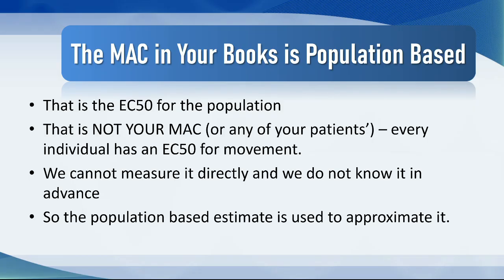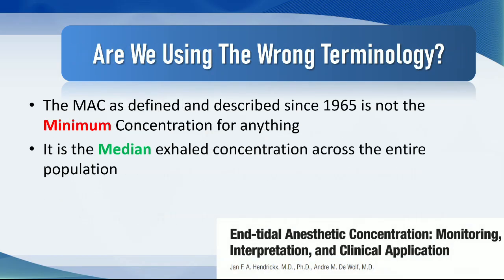And there is a problem with terminology. The MAC, as defined and described since 1965, is not the minimum concentration for anything. It is the median exhale concentration across the entire population.